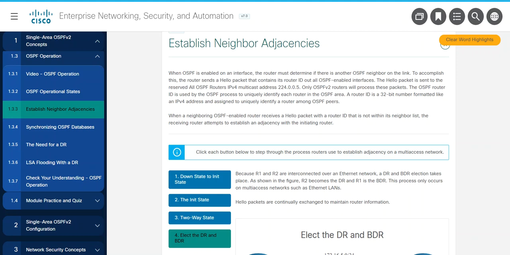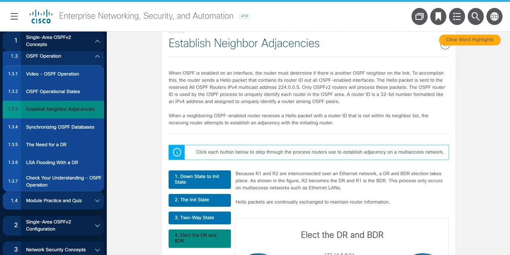So it does this by sending a hello packet that contains its router ID, and it sends that to all the OSPF enabled interfaces. The hello packet is sent out using the multicast address of 224.0.0.5, and only the OSPF version 2 routers will process those packets.